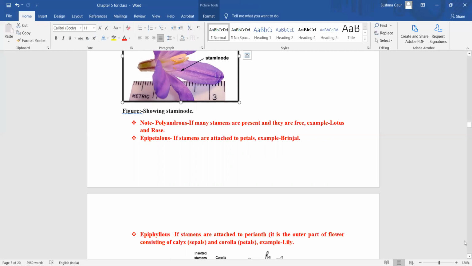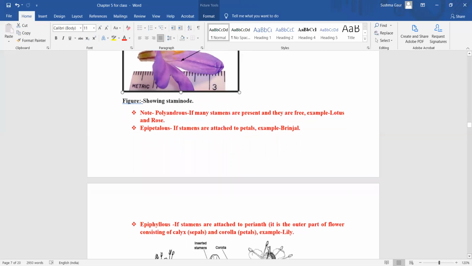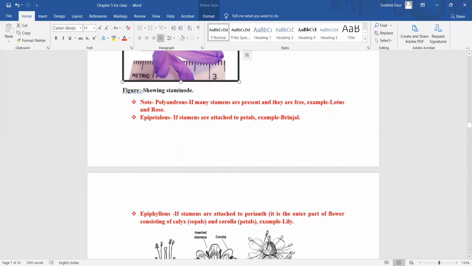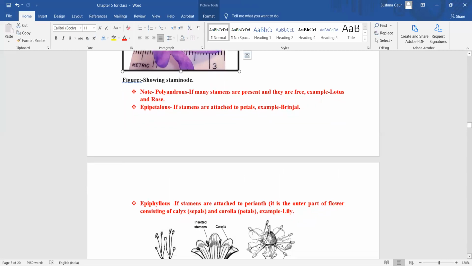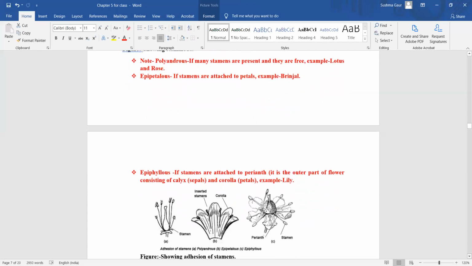This type of stamens will be present in lotus and rose, and one more condition is epipetalous. Means if the stamens are attached to petals, the colorful part of the plant, it is known as epipetalous. Example is brinjal.